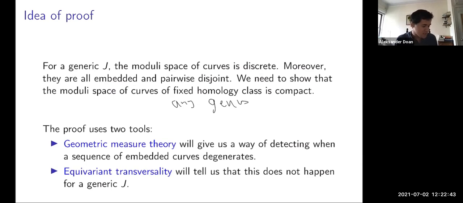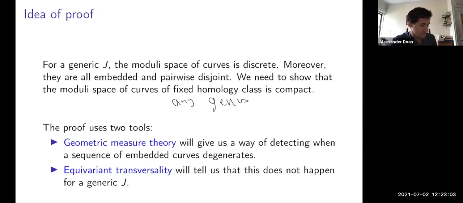And once we do that, then we'll use Chris Wendl's equivariant transversality result to say, well, this thing that you just described cannot happen generically. So in some sense, the proof has 2 steps, and each step uses different tools. So let me begin with the first part.